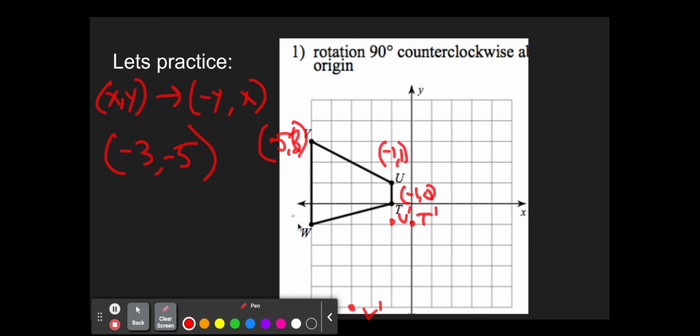And then lastly, negative 5, negative 1 will become 1, negative 5. And that looks pretty good. Looks like a great little 90-degree rotation that we just did there.